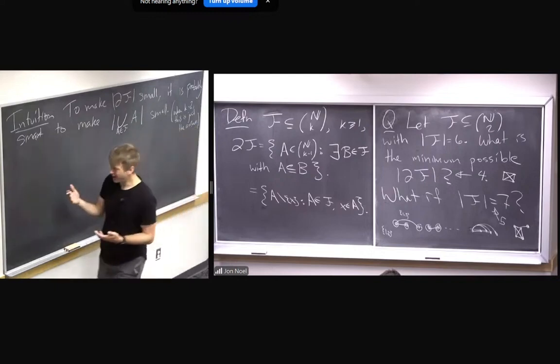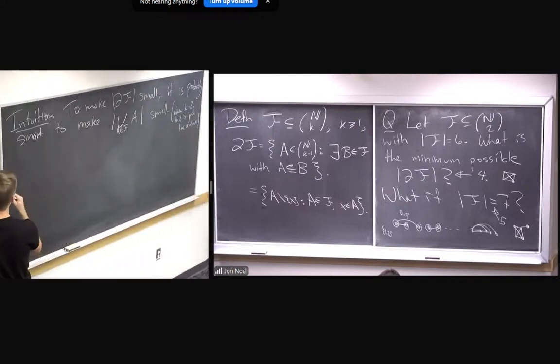Things get more complicated though when k is larger. So, let's say k is 3, and I want to take 5 triples, 5 sets of size 3.